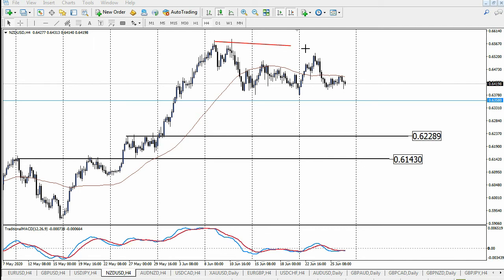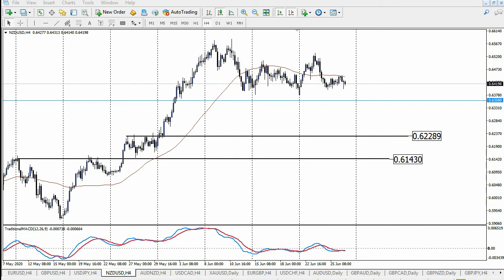If you see here, price is also in a range, but in a descending triangle pattern. After rejecting from this level, price tested this level again, then moved downwards. Then last week price hit this level again, then went downwards.